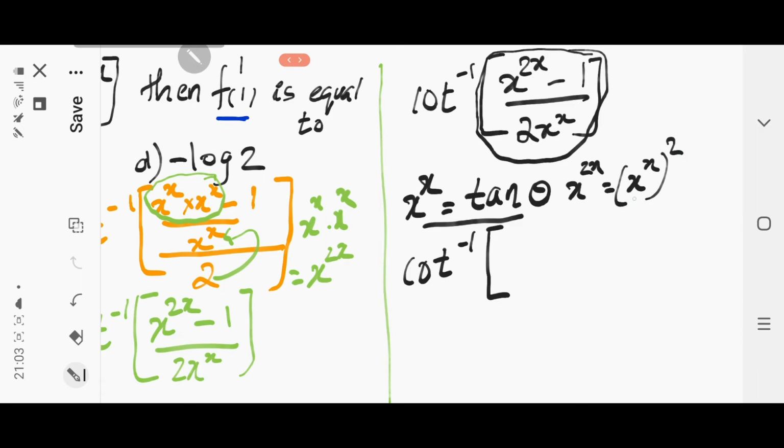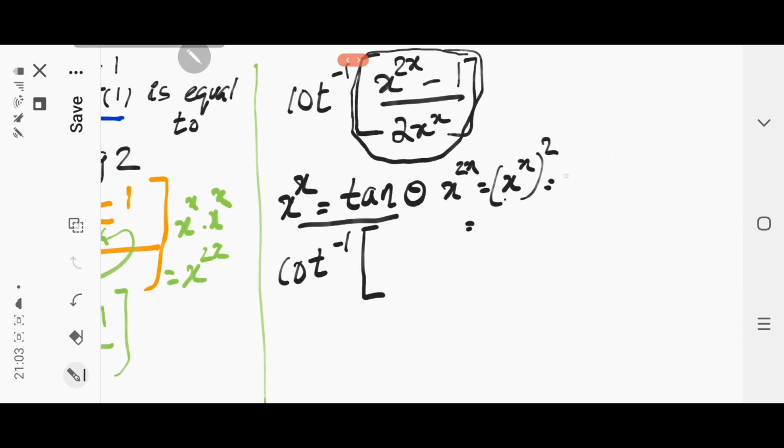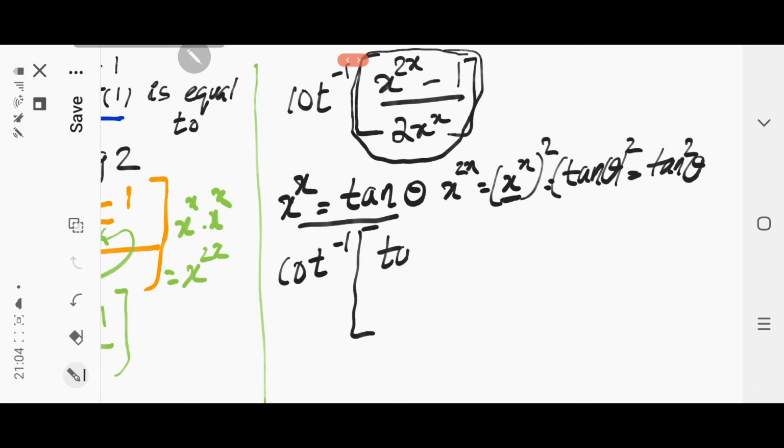Which is tan theta the whole square, which you can write as tan square theta. Therefore, cot inverse of (tan square theta minus 1) divided by 2 tan theta.